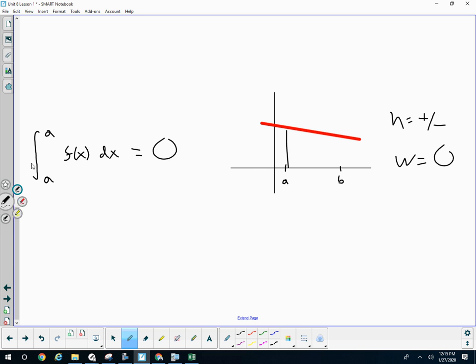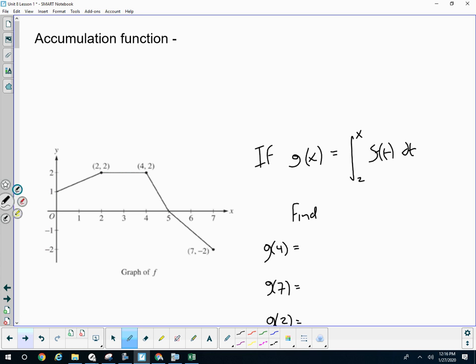Okay? Well, we're going to be talking about and analyzing a thing called an accumulation function. An accumulation function is this. It is an integral with a variable inside of it. And the variable's in the boundary.